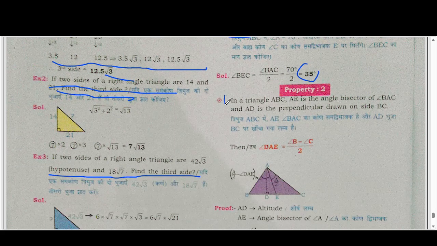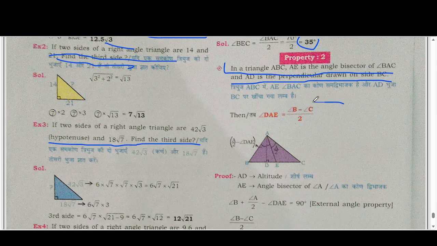In a triangle ABC, AE is the angle bisector of angle A and AD is the perpendicular drawn on side BC.